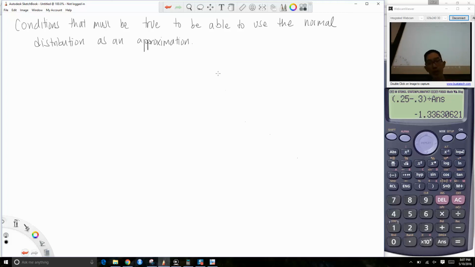Or we call these the conditions for the central limit theorem.